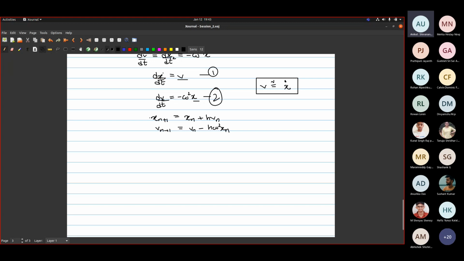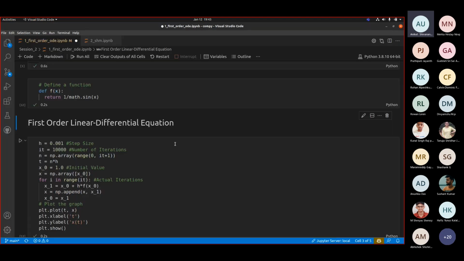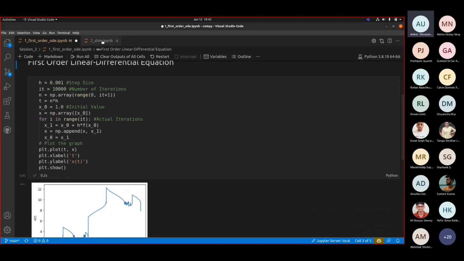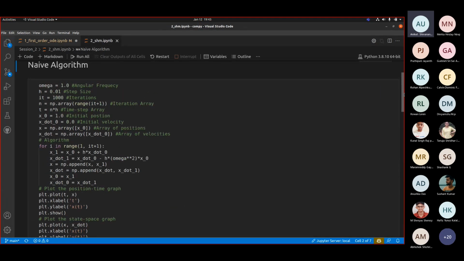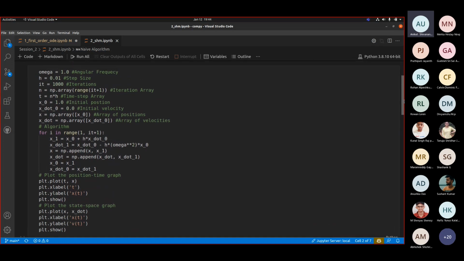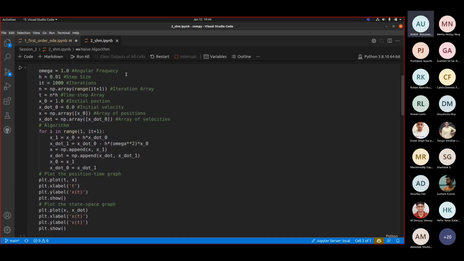So this is my system of linear differential equations, and I can very easily write it in code now. I have put the heading as naive algorithm. It will be very clear why in a few moments.